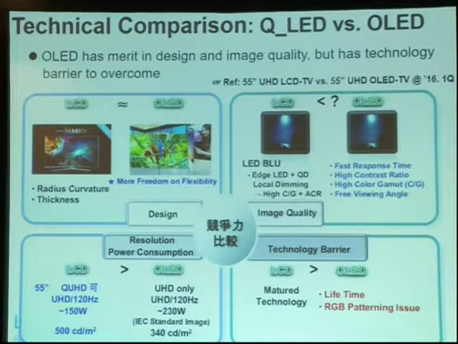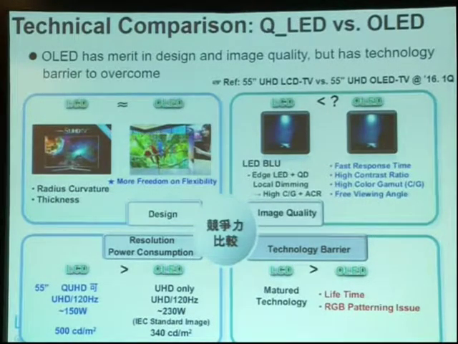By the way, in the case of the TV, the power consumption of OLED is higher, almost 2 times that of the LCD TV. In the case of mobile displays, the power consumption of OLED is lower than that of LCD. The key will be the technology barrier.